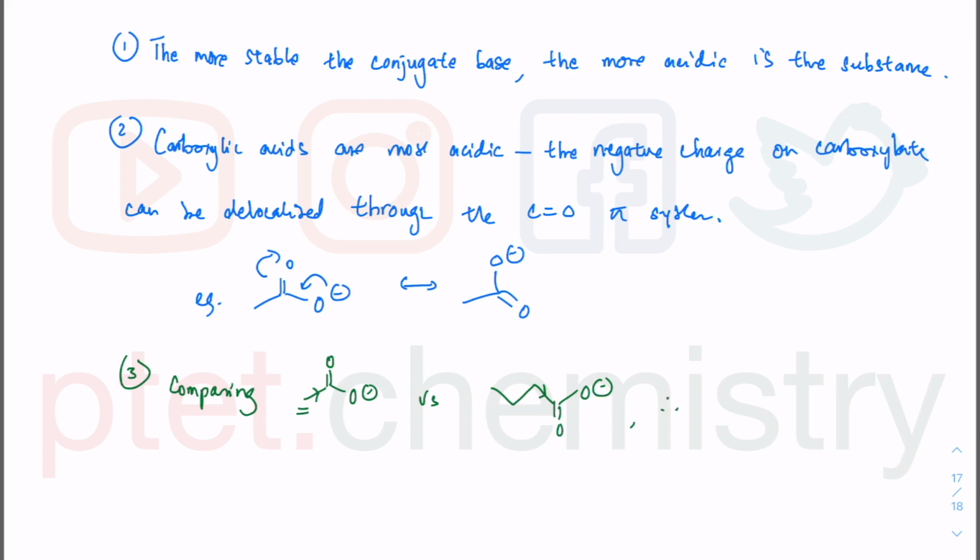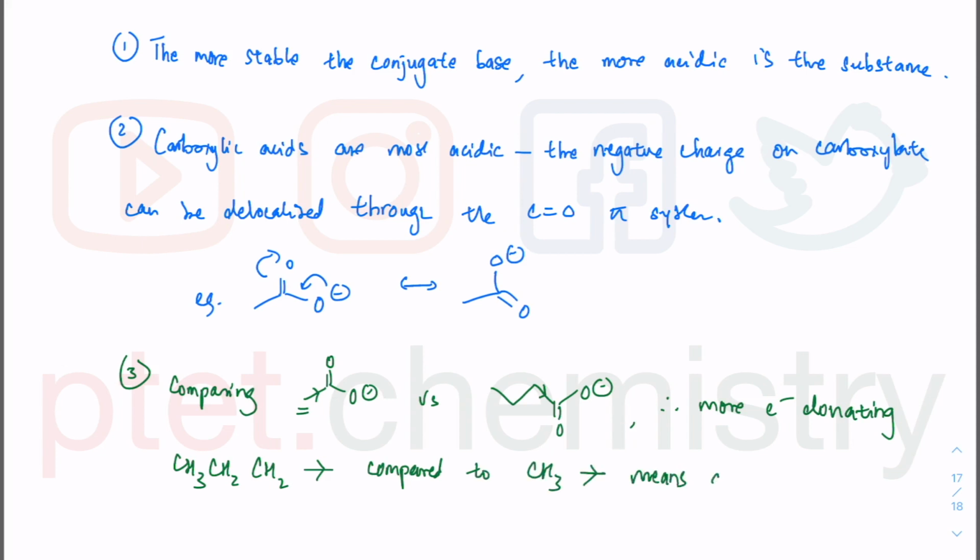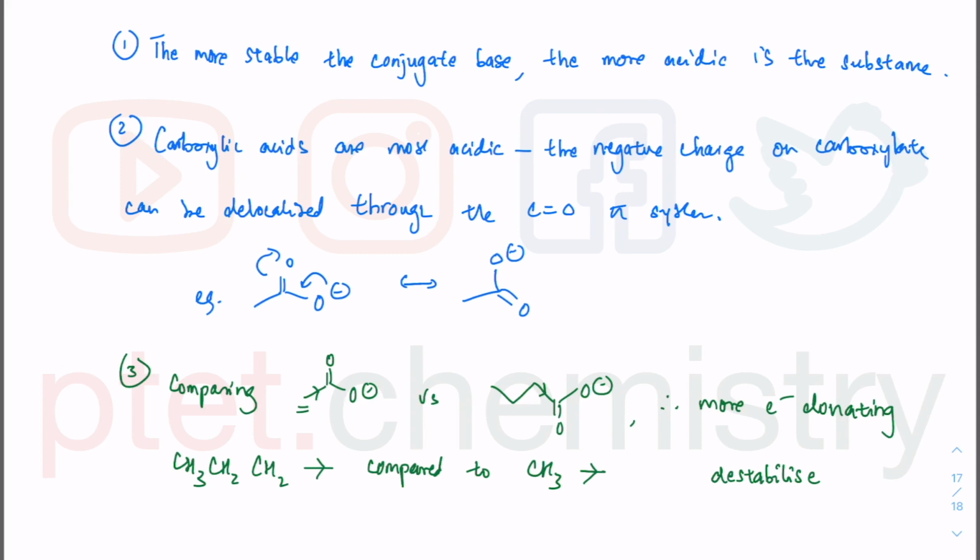So the more electron donating CH3CH2CH2 compared to CH3 destabilizes the conjugate base more.